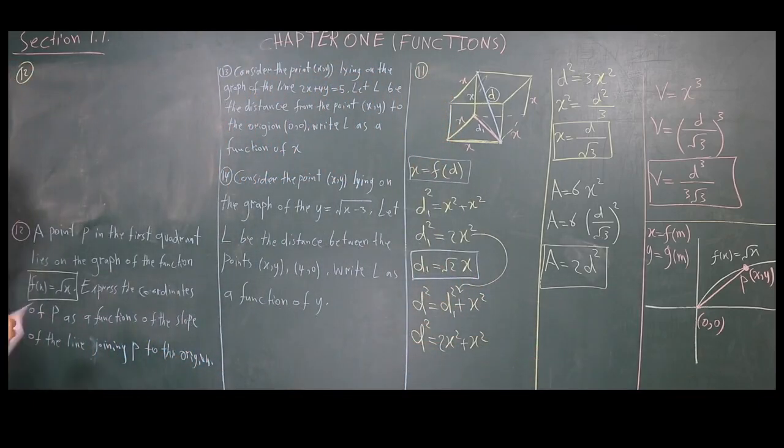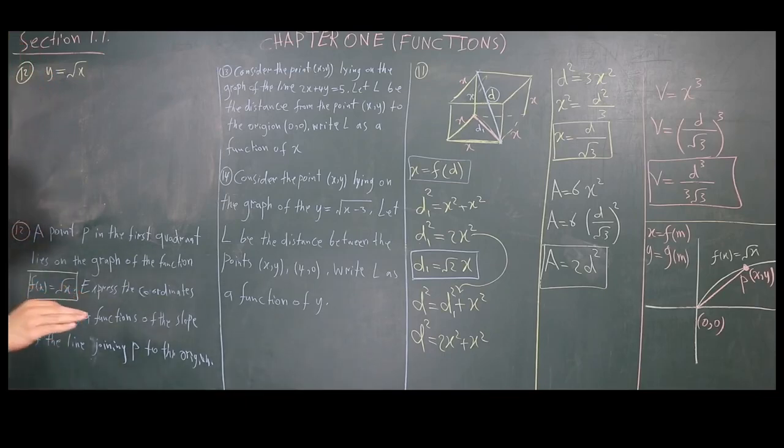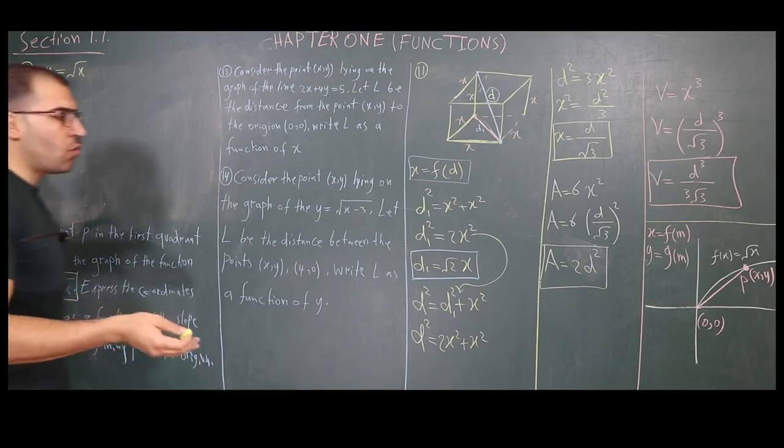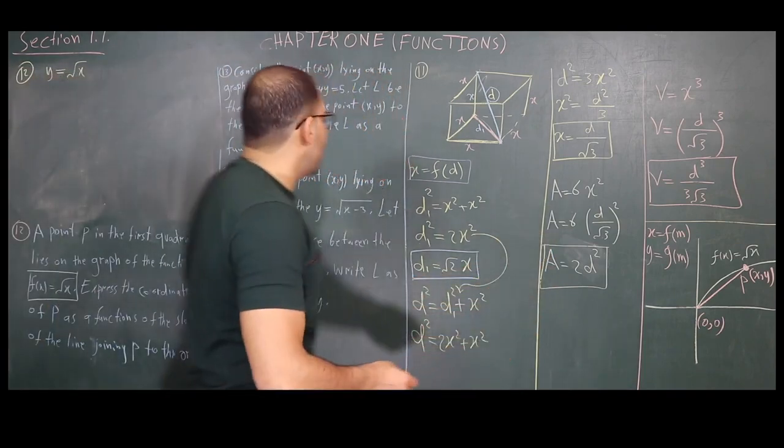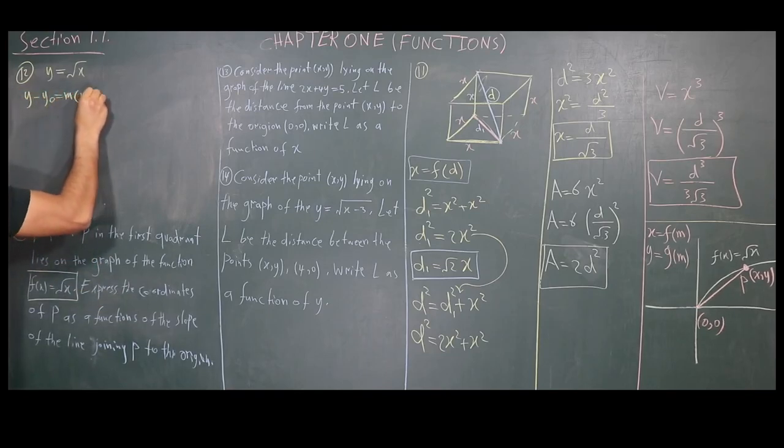So first, we're going to prepare our things. We're going to say that y equals the square root of x, and the other point, we need to find the slope of this line. It's easy to know from the law, which is y minus y naught equals m times x minus x naught.